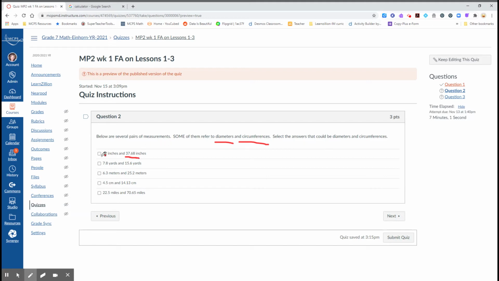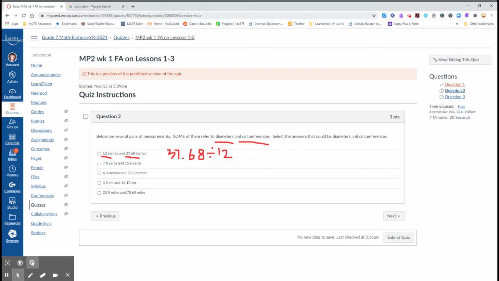So let's take a look at this one, which is 37.68 divided by 12. So what do we get when we do 37.68 divided by 12?